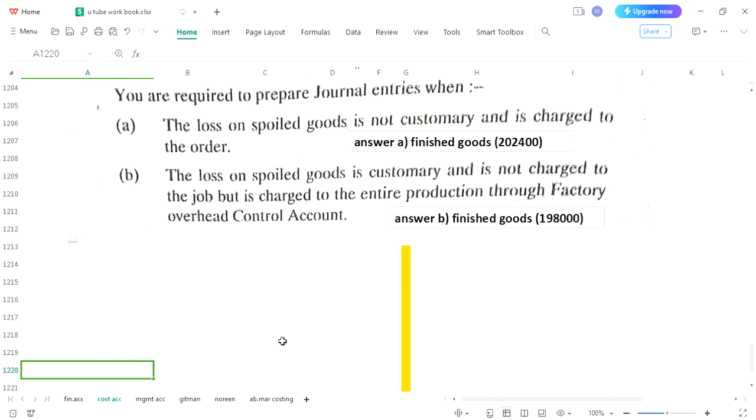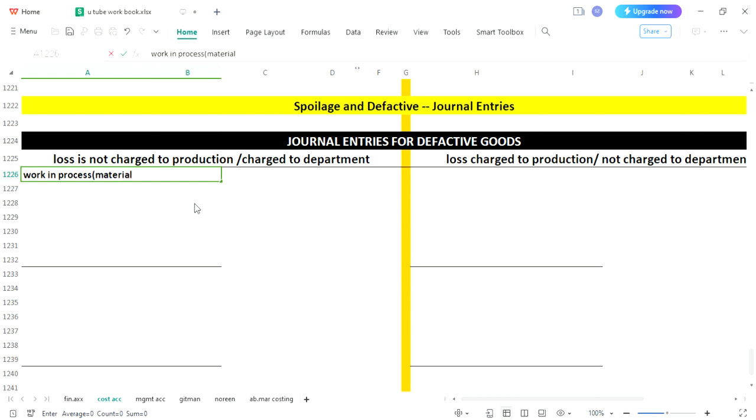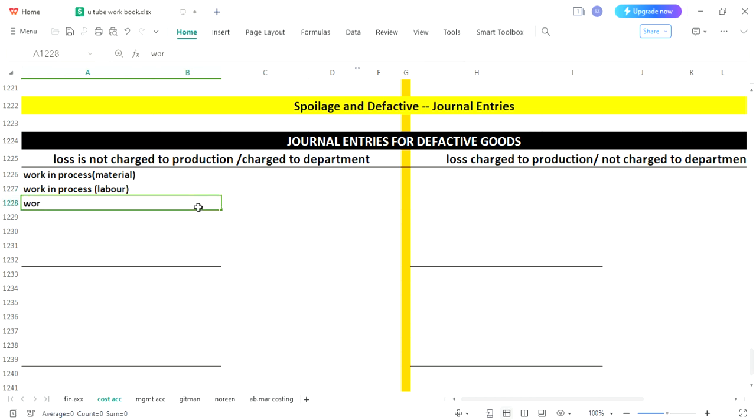So let's start our journal entries, and you have understood that three entries would be on the left side, three entries on the right side, and we are going to calculate the amount. Hopefully you remember work in process. Material is your first input, and then you will have work in process for labor, and then you will have work in process for FH.